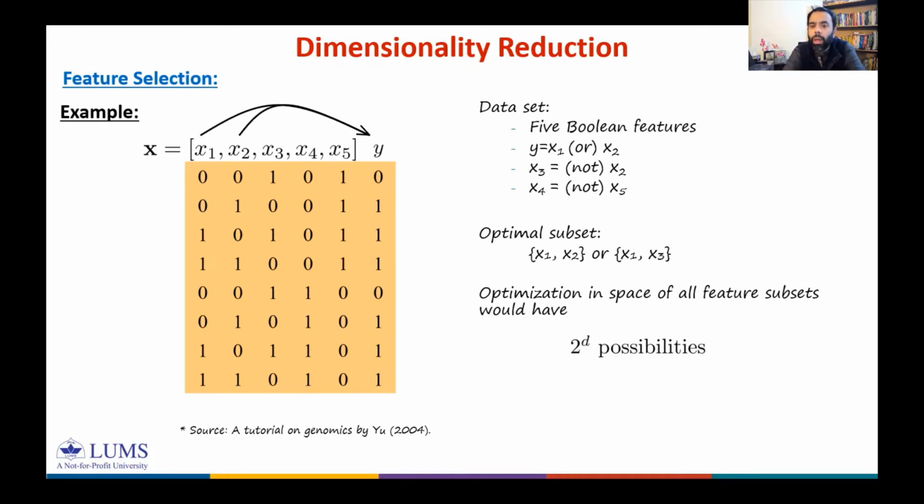And therefore, carrying out optimization on the complete space would be computationally infeasible, right? So we can't search over all possibilities, and therefore we will talk about some of the heuristic methods that are adopted to carry out feature selection based dimensionality reduction.